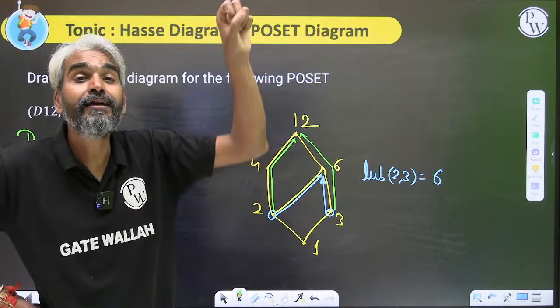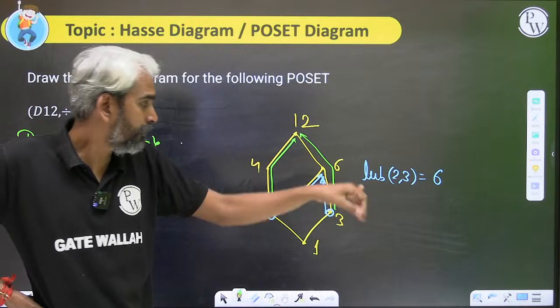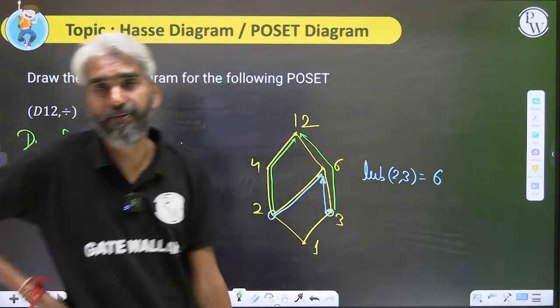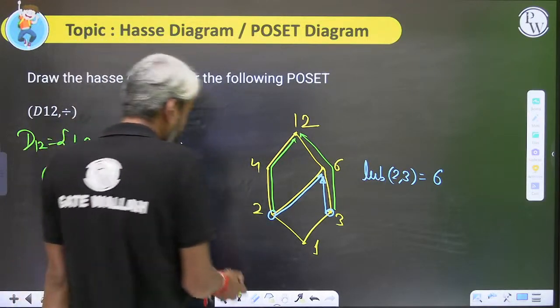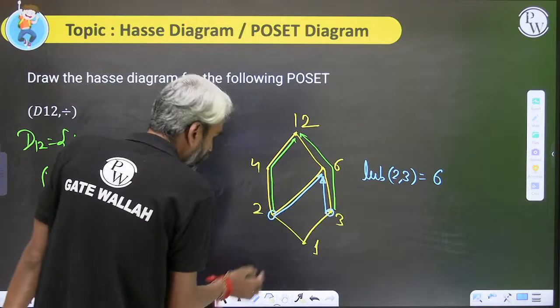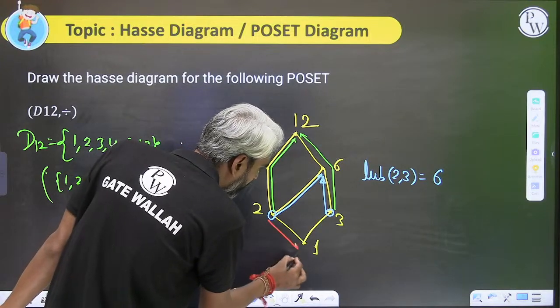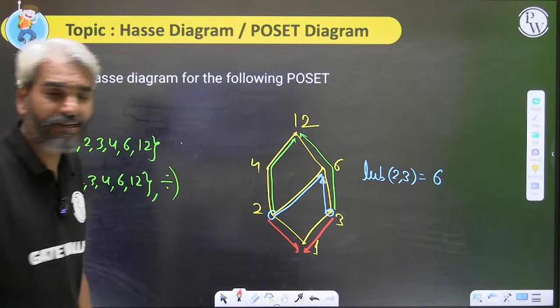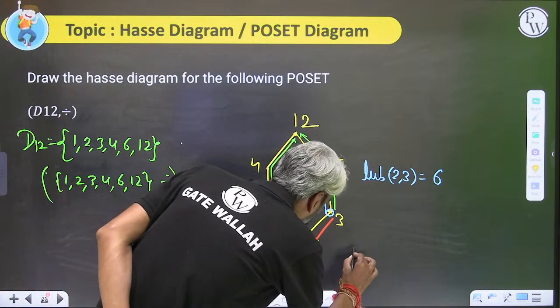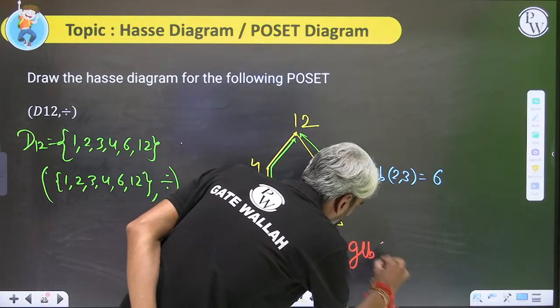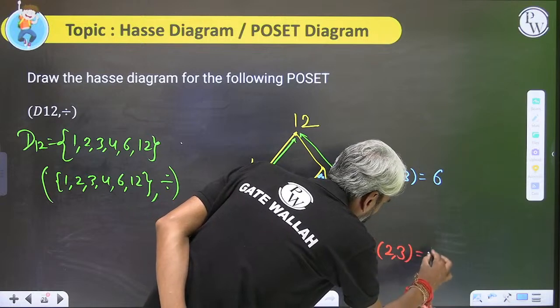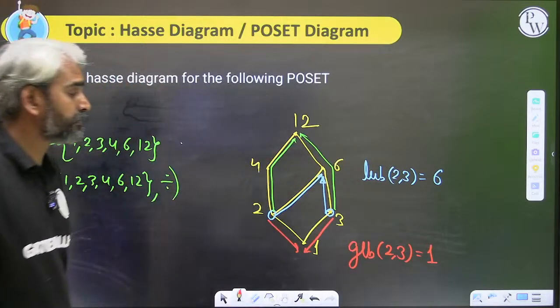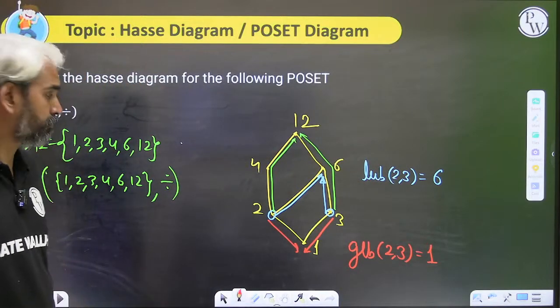So we are looking at the lowest of all the upper bounds. Therefore, the least upper bound of 2 and 3 is 6. Similarly, for the greatest lower bound, 2 and 3 meet each other at the lower side at 1. Therefore, the greatest lower bound of 2 and 3 will be equal to 1.